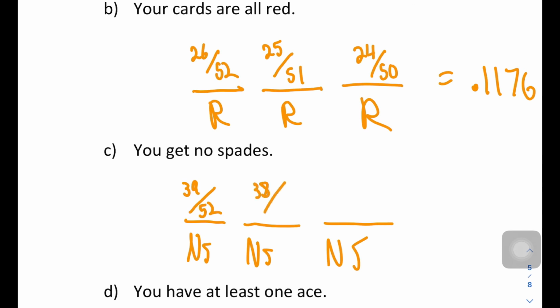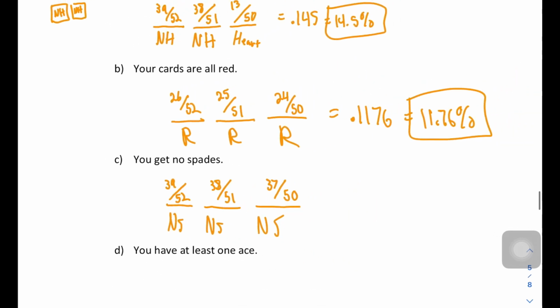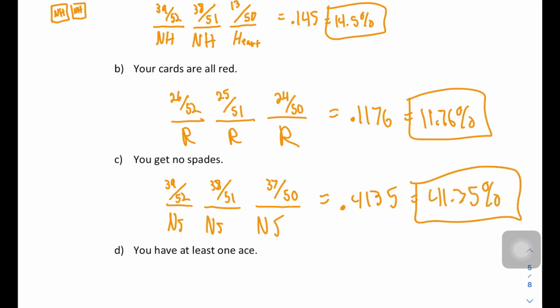Now there's only 38 out of 50. Nope, not 52, 51. Then we pick another one. So you can see how the probabilities change from selection to selection. Get about 41.35%.